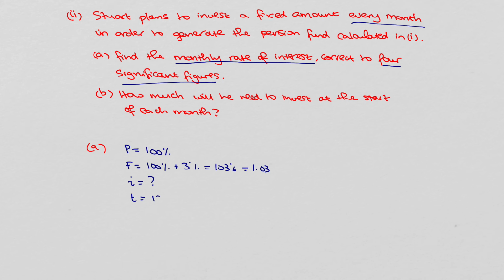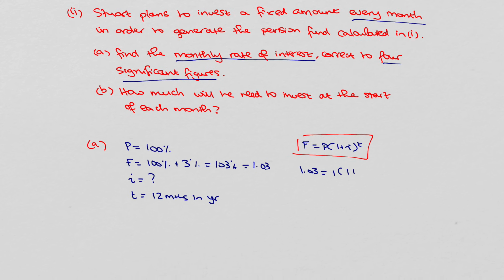So therefore we have 12 months in a year. So we use F is equal to P times 1 plus i to the power of t. So we have 1.03 is equal to 1 times 1 plus i to the power of 12. I get the 12th root of both sides, and then get i on its own.